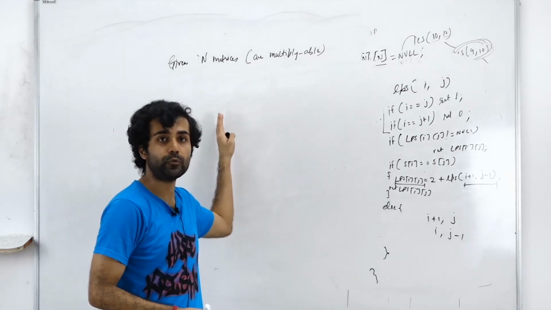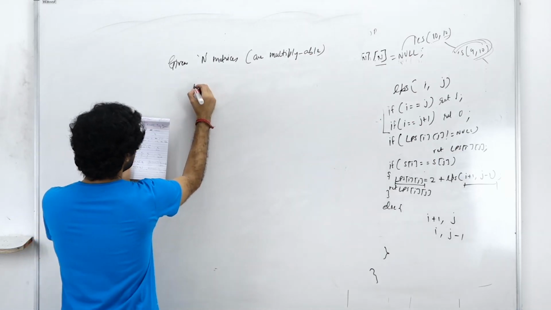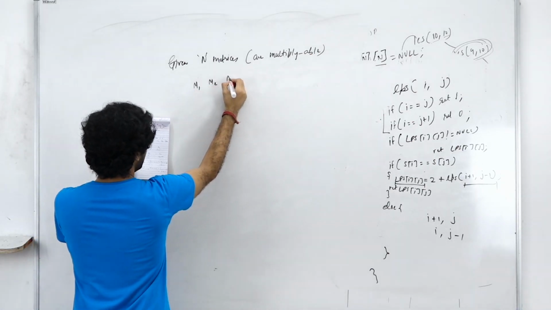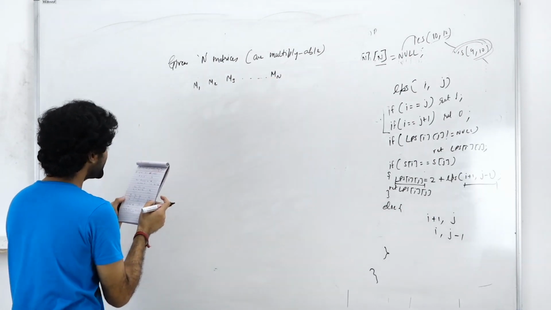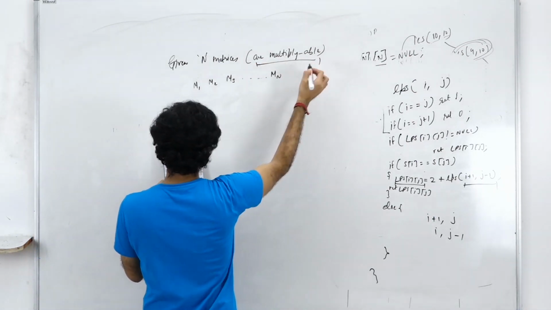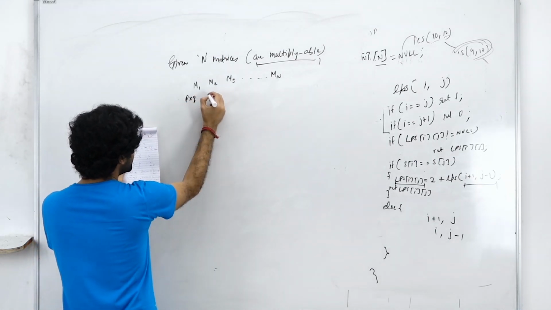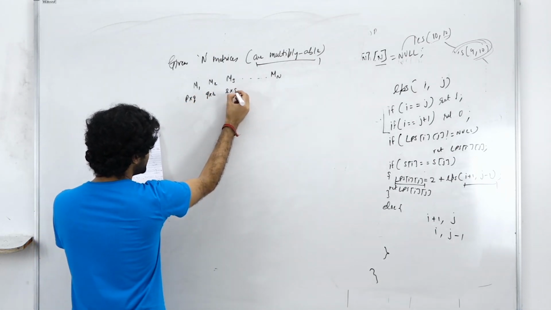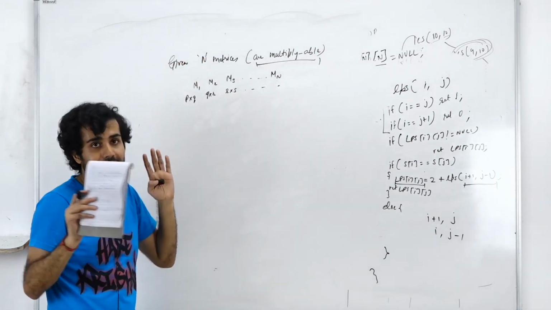You can multiply M1, M2, M3, M4, M5 and so on, right? So let's say you have M1, M2, M3, so on till the last matrix, which is Mn. Okay, and I already told you that they are multipliable. Since I told you they are multipliable, it is obvious that if this is P cross Q, this is Q cross R, this is R cross S and so on and on. Now the thing is that you have not been given the entire matrix.